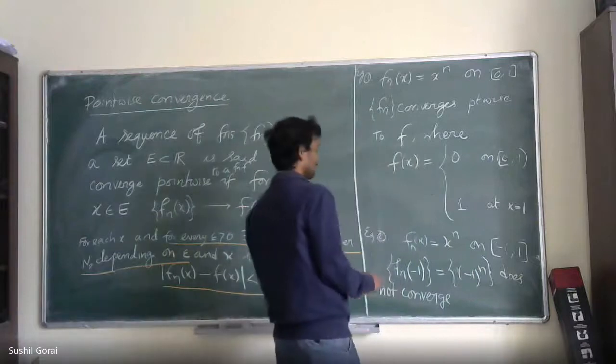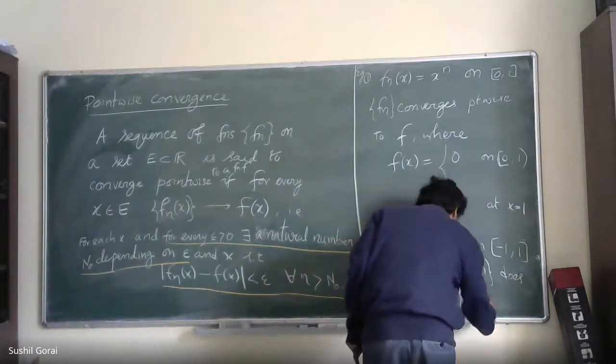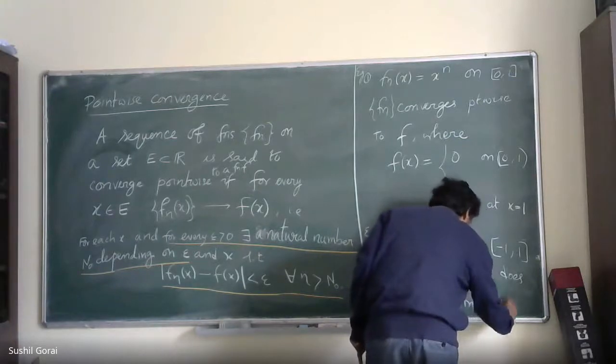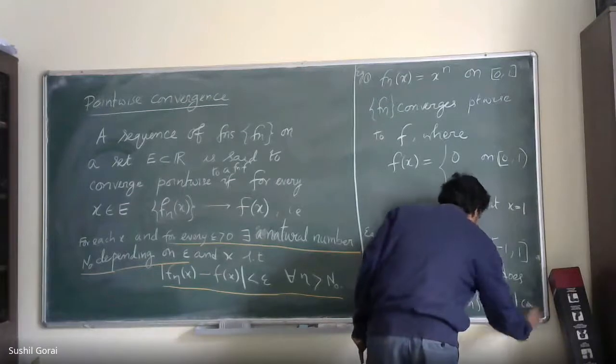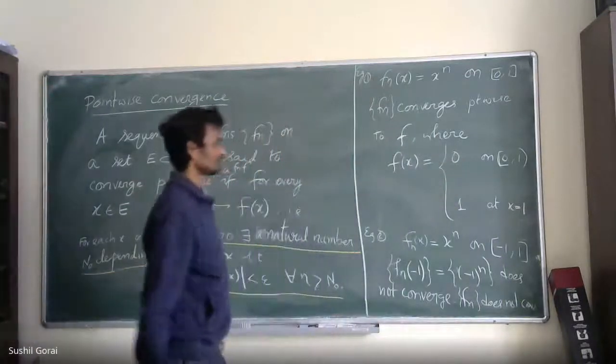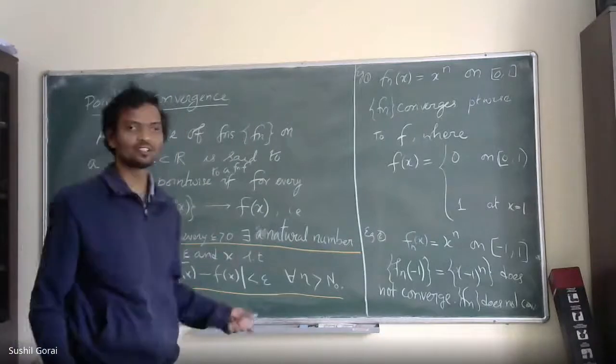Hence, Fn does not converge pointwise. All right, is this fine? Is this clear? That it does not converge at minus 1 only?